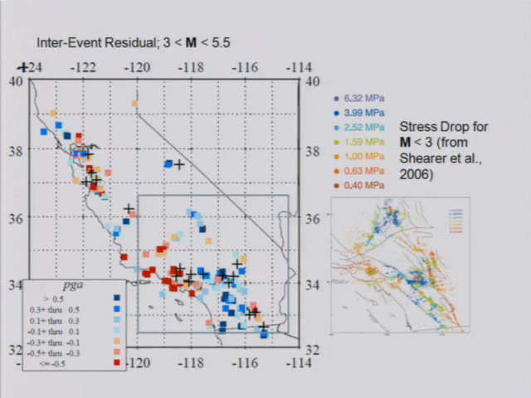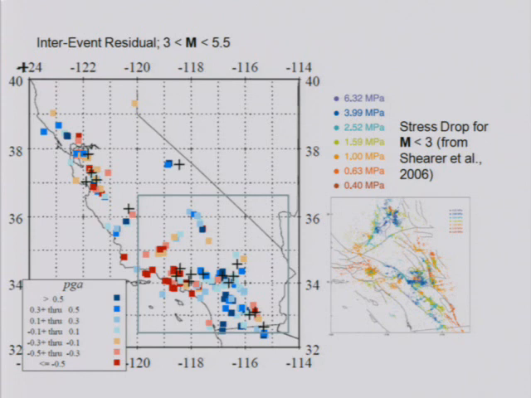We noticed that this pattern is very similar to a stress drop pattern obtained by Shearer and others in 2006 for micro-earthquakes, less than magnitude 3. I have reproduced his figures here. You can see that the negative inter-event residuals here correspond to lower stress drop over here.